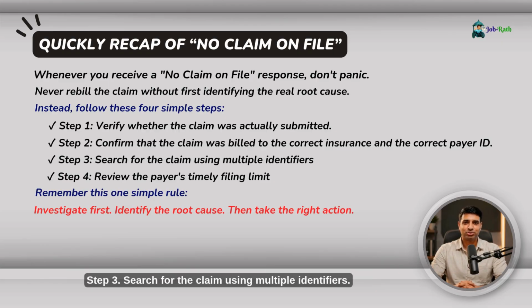Search for the claim using multiple identifiers such as the date of service, member ID, patient name, date of birth, tax identification number, TIN, National Provider Identifier, NPI, billing provider, rendering provider, and other available claim details. Step 4. Review the payer's timely filing limit, take the appropriate action, and document everything clearly.